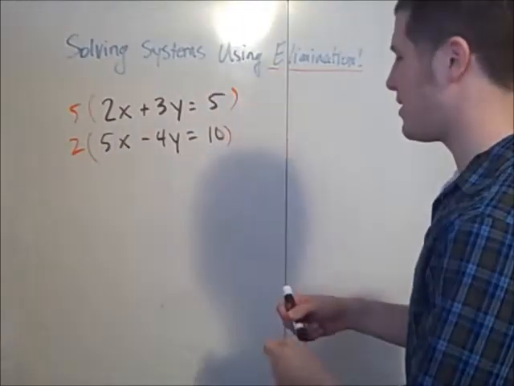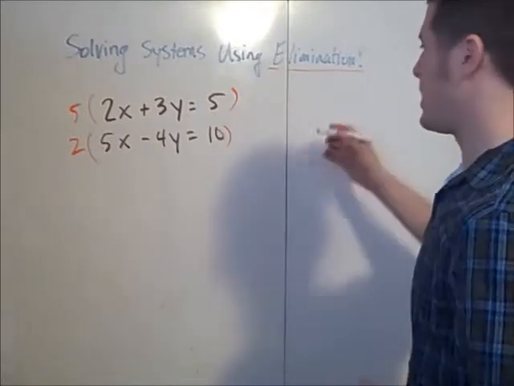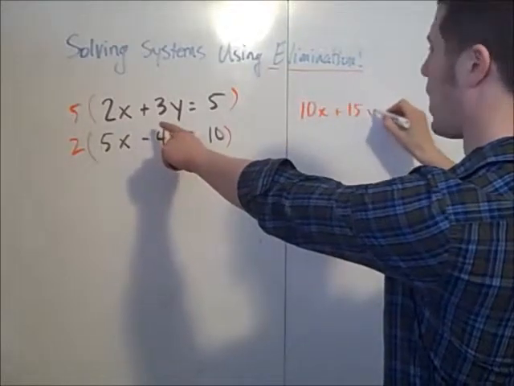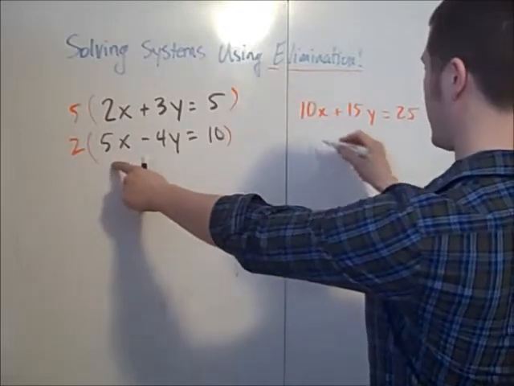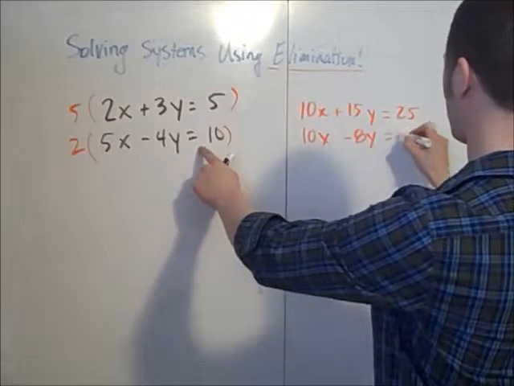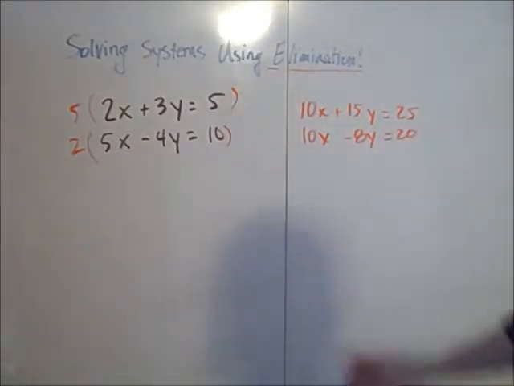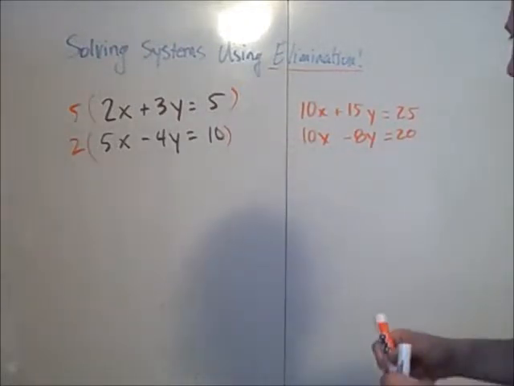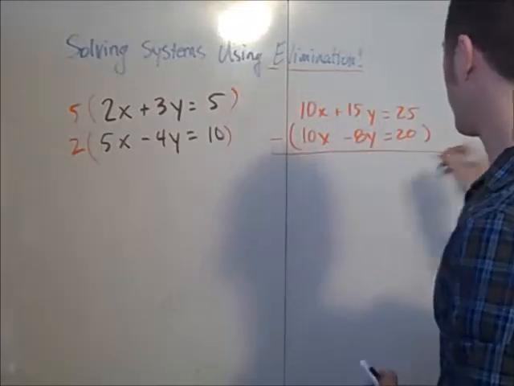So I'll get this new system, which is an equivalent system, by the way, which is 10x plus 15y is equal to 25. The second equation will be 10x minus 8y is equal to 20. Now we have an equivalent system, and this time the x's have the same coefficient. So now we can do that subtraction. We're going to subtract the second equation from the first.